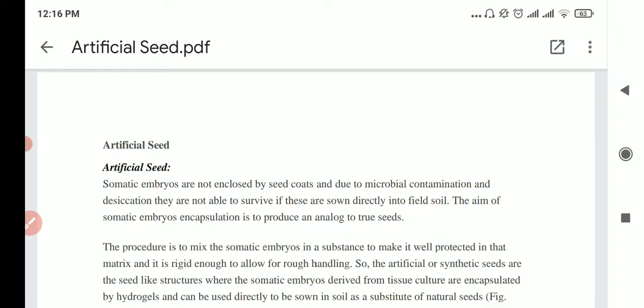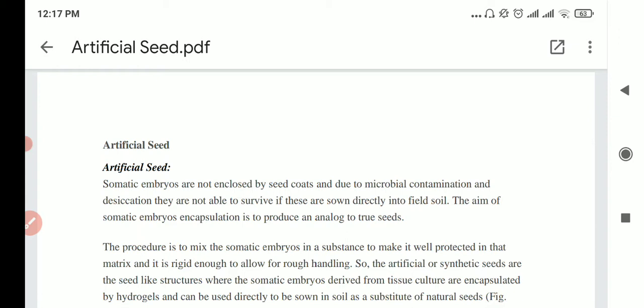Any part other than the egg cell or the pollen grain can be your somatic embryo. So other than the pollen grain and the egg cell, all the other parts of the plant can function as a somatic embryo.